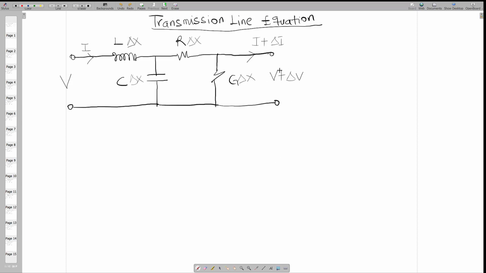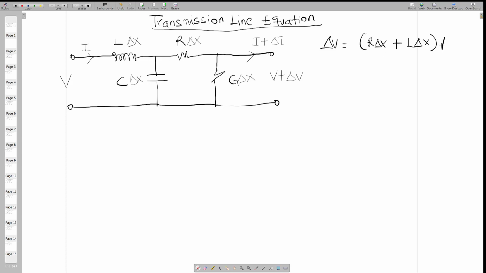So let's start with what delta V will be. If I apply this voltage here, there will be a voltage drop across this arm over here, this L, and a voltage drop across this resistor. So my equation here will be R delta X plus L delta X, or we'll multiply this I, because this I is going to flow through this and this.